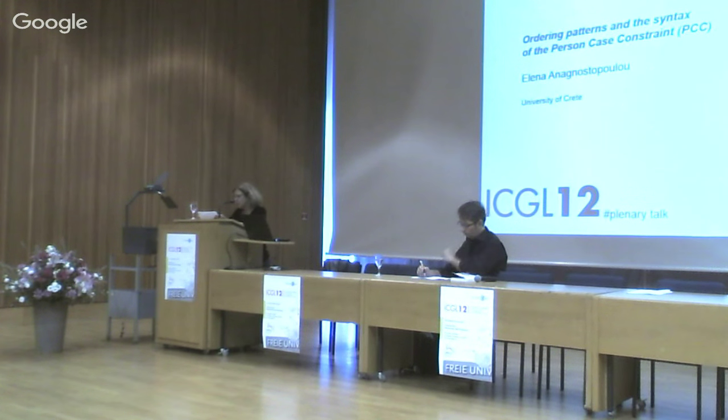Greek has a strong PCC, so in Greek it's totally ungrammatical to say 4D, but also it's totally ungrammatical to say 4A. So you just cannot have a first and a second person accusative when there is a dative, and it doesn't matter whether the dative is third person or second person or first person.